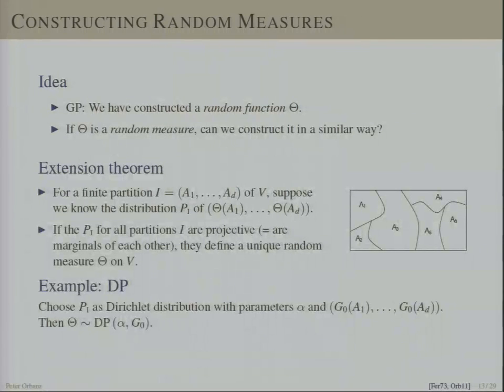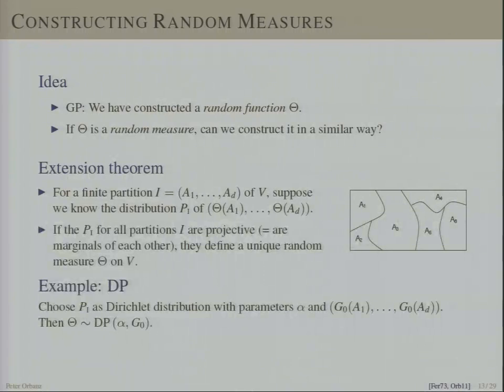And how can we make sure that they all fit together in the right way? Well, we can look at the parameterization of the Dirichlet process. It had these two parameters: alpha, which is the scalar, and G0, which is the probability distribution. Remember, the probability of a new cluster and the location probability of the atoms. Now, we start with these two parameters, and how do we define the Dirichlet distribution? For a given partition, we choose the concentration parameter of the Dirichlet as alpha.